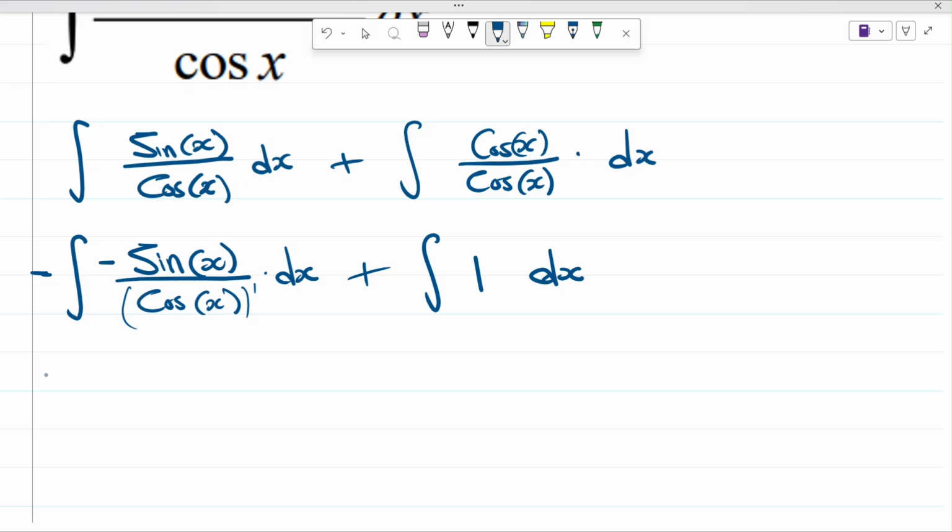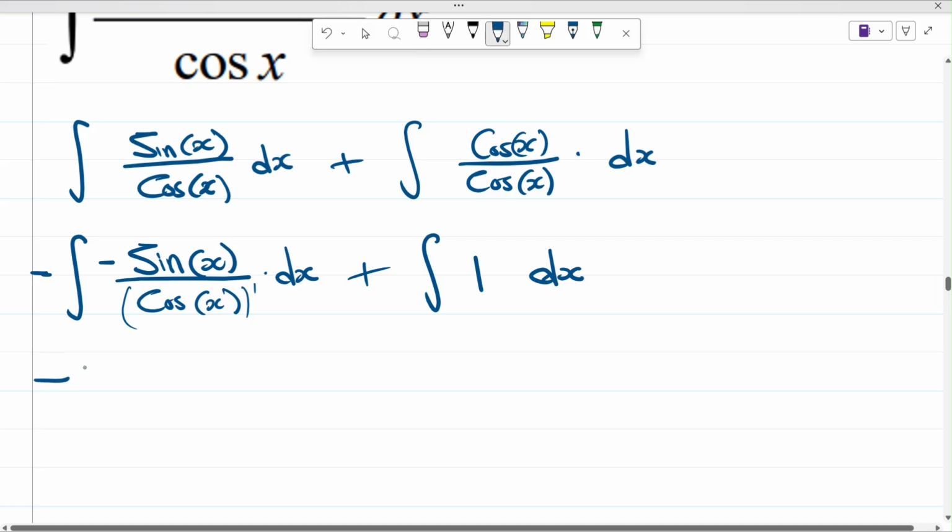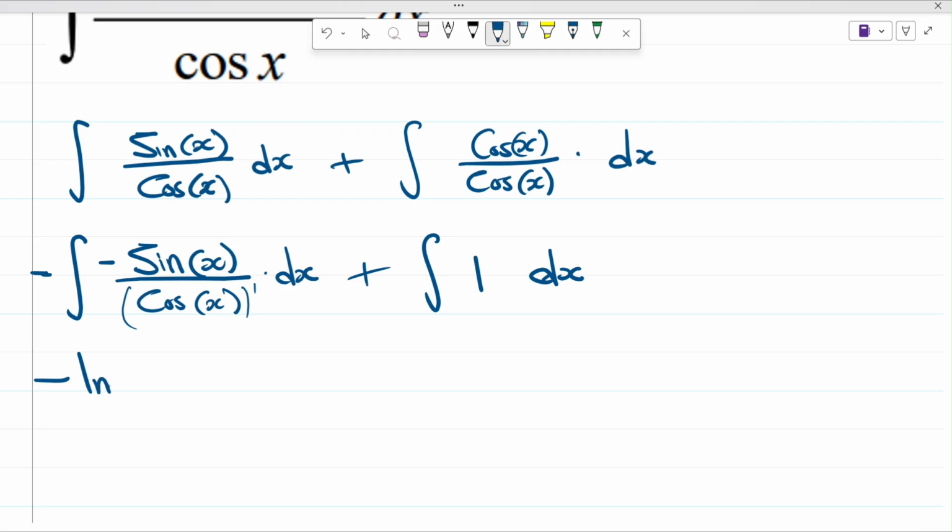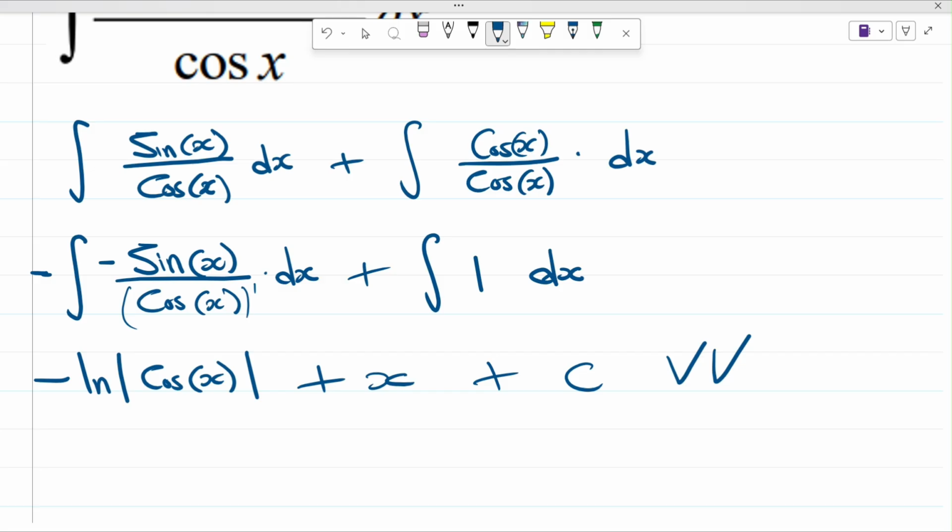So we're going to get negative ln of cos of x, and then plus x, then plus c. Ta-da! We have our answer.